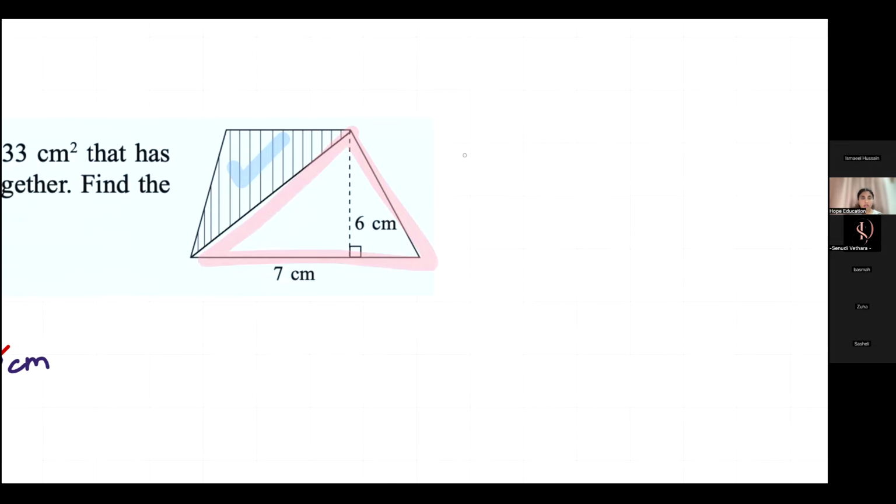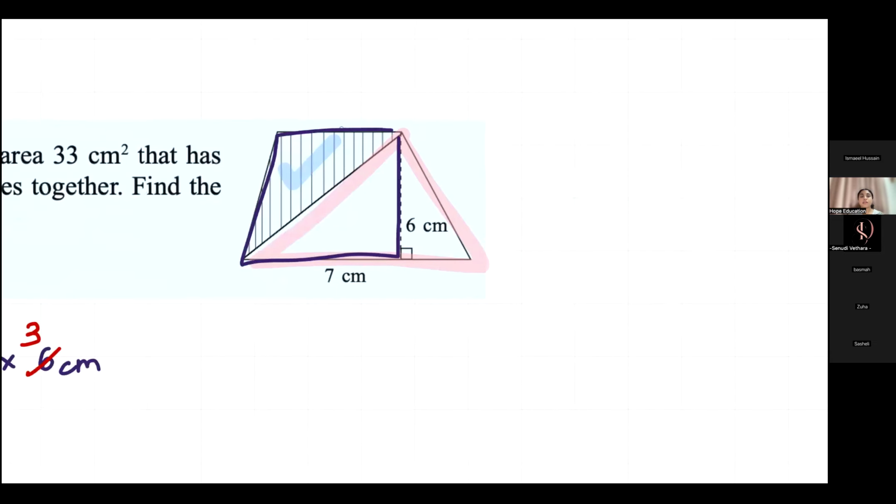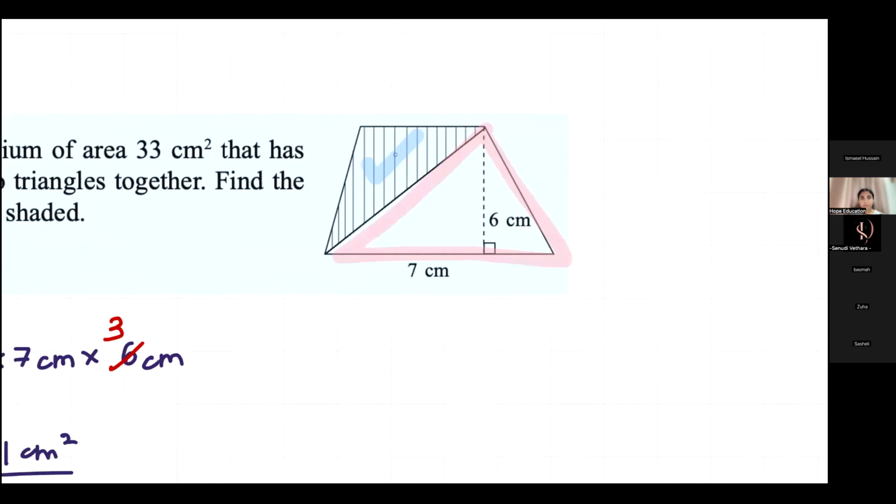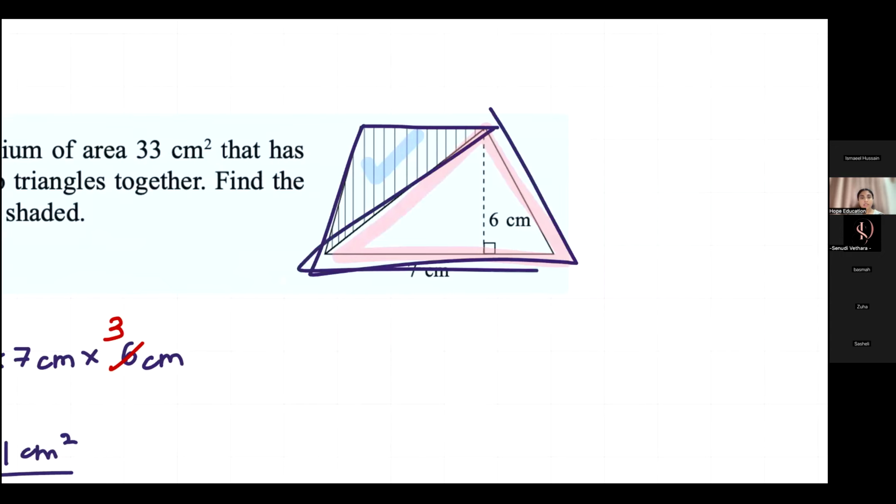Do you mean this one? That won't help us, because they have given the trapezium area as 33 square centimeters. From that we found the unshaded one and subtracted, then we get the shaded area, right?